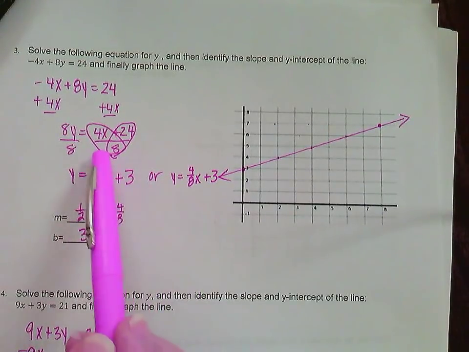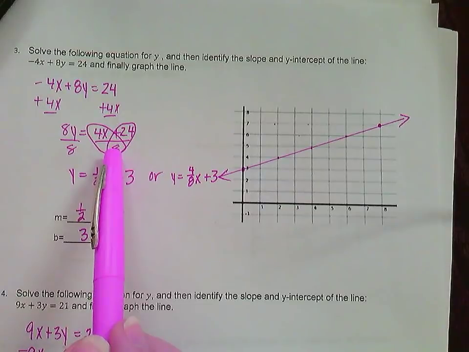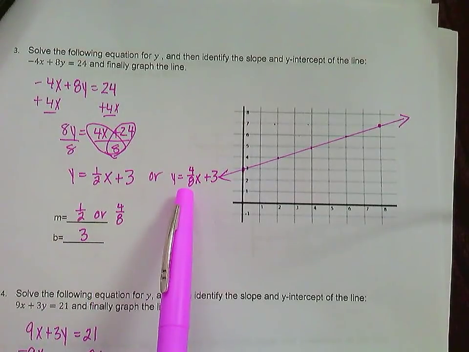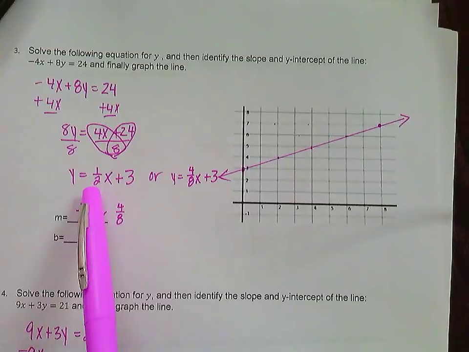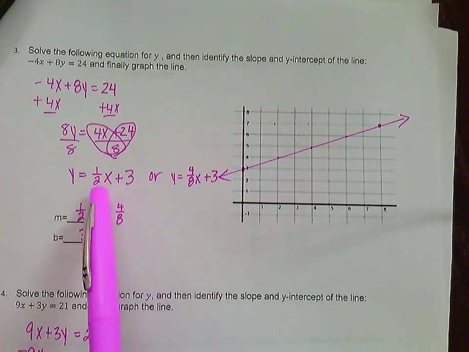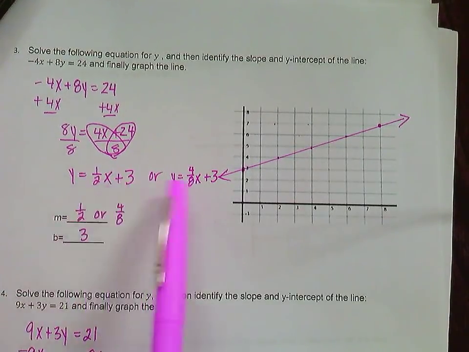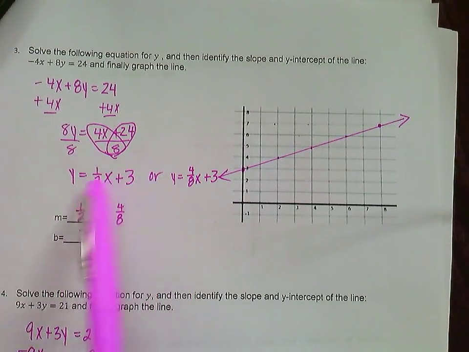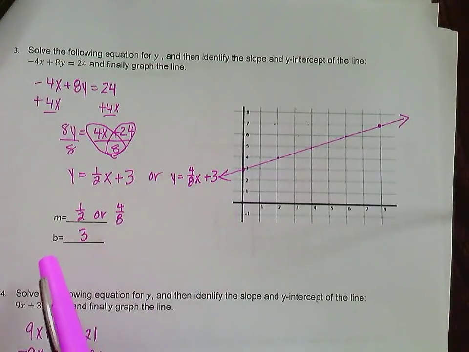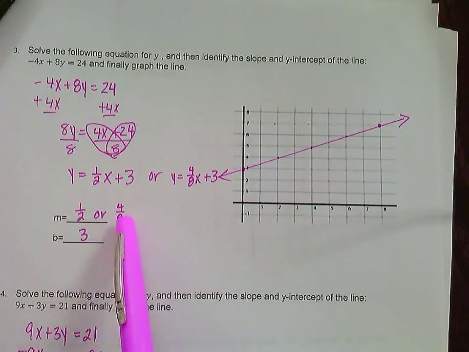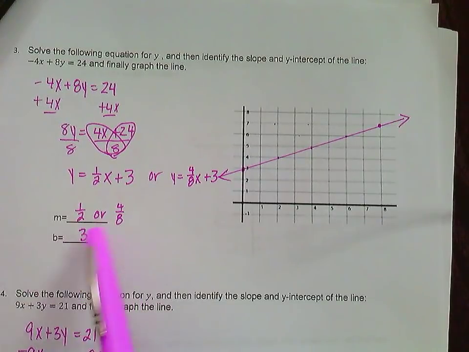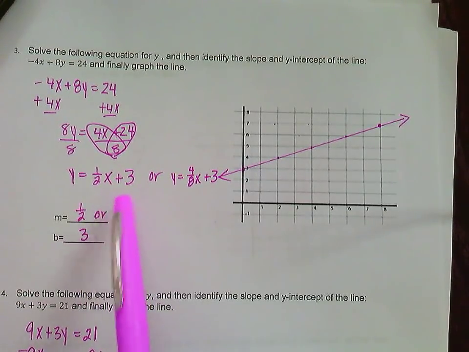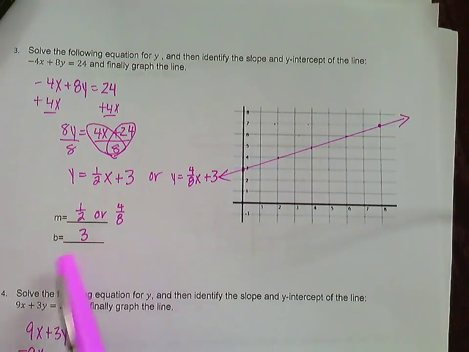If you divide these, you get 4 over 8, which is fine. If you've reduced it, you get 1/2. So either one of these 2 things is acceptable. 1/2 is just what you get when you reduce 4 over 8. So you could have this equation, or you could have this equation. And then you'll notice for my slope, I have one or the other. Most of you probably will leave it as 4 over 8, and that's fine. You don't need to reduce.